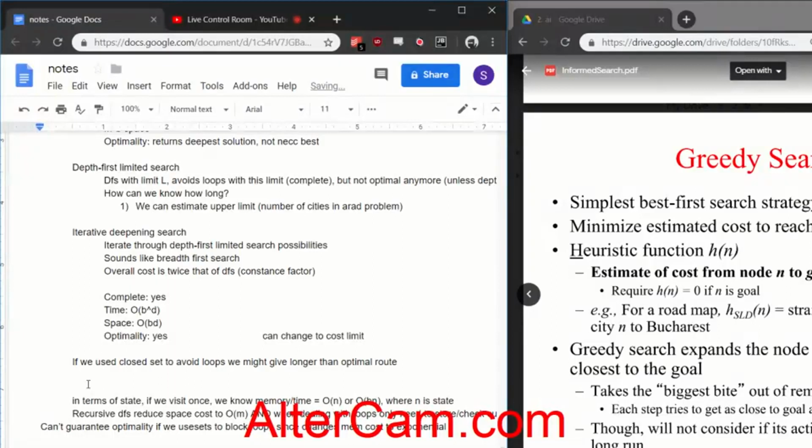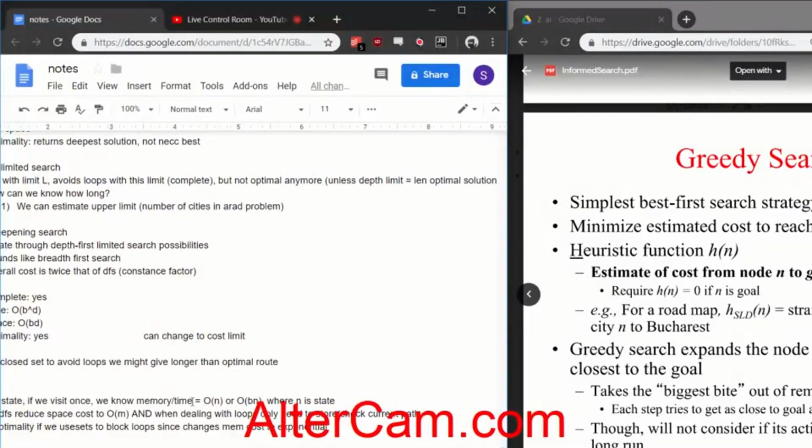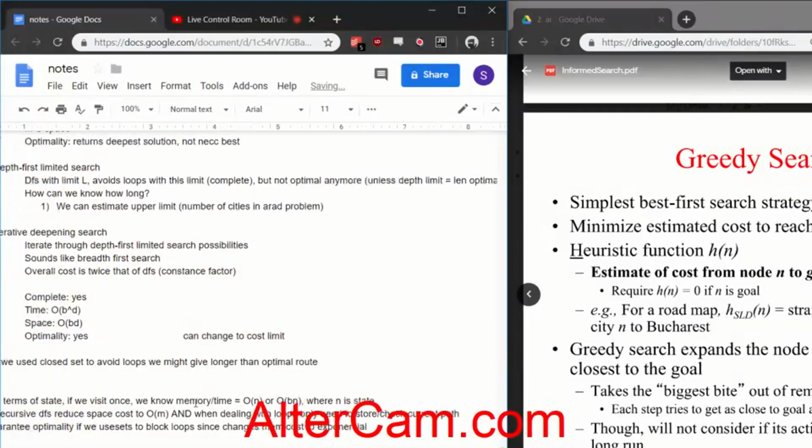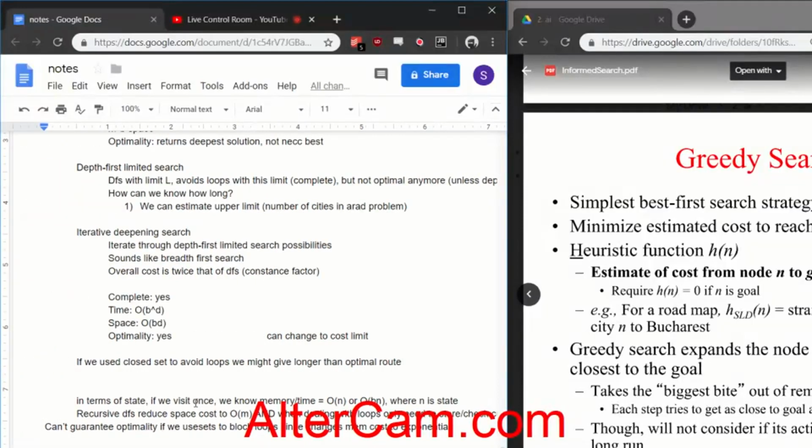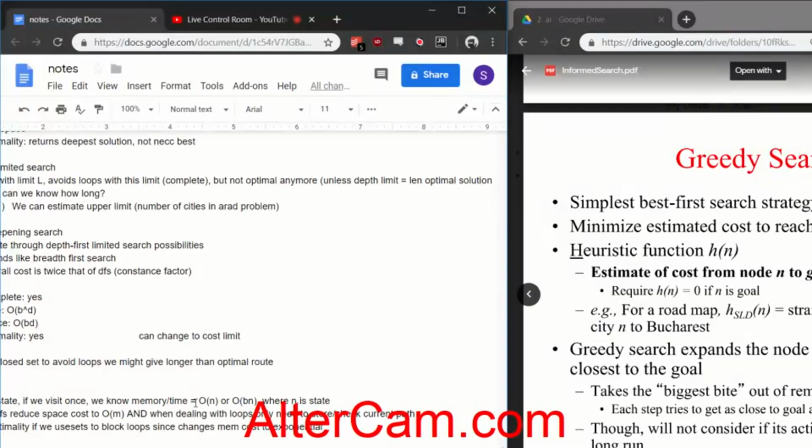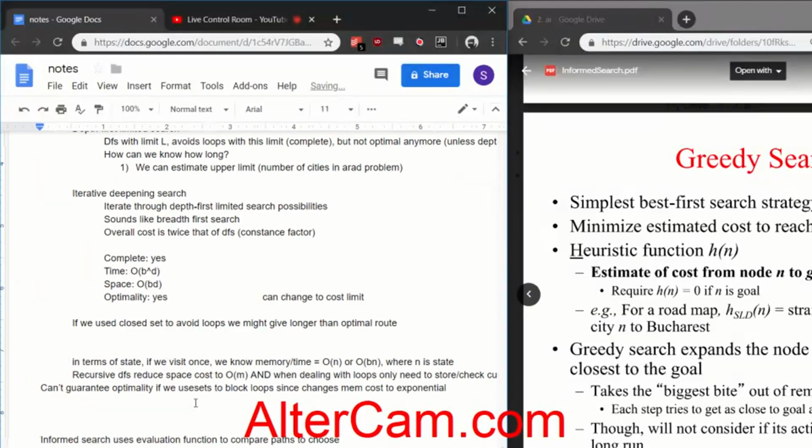Having this value, if we know the cost that it would take us remaining, then it makes sense. What should we choose first? The thing that gets us closer to our answer. For example, we want to get to Bucharest. Say we have two options we have to choose from. Should we look at Fagaras next?